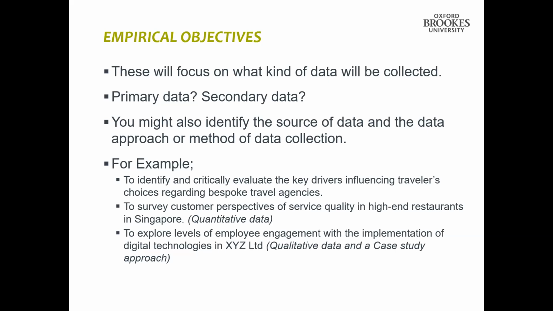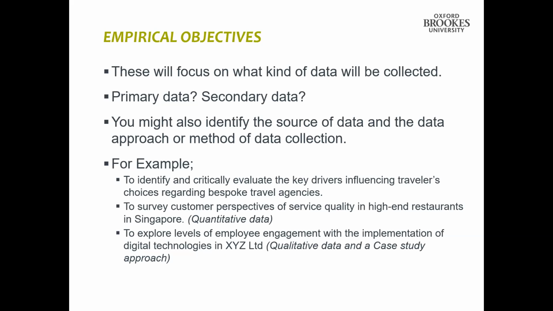So again, I've got some examples, and hopefully these will ground the things that I've been talking about above. So here are three different examples of empirical objectives. To identify and critically evaluate the key drivers influencing travelers' choices regarding bespoke travel agencies.